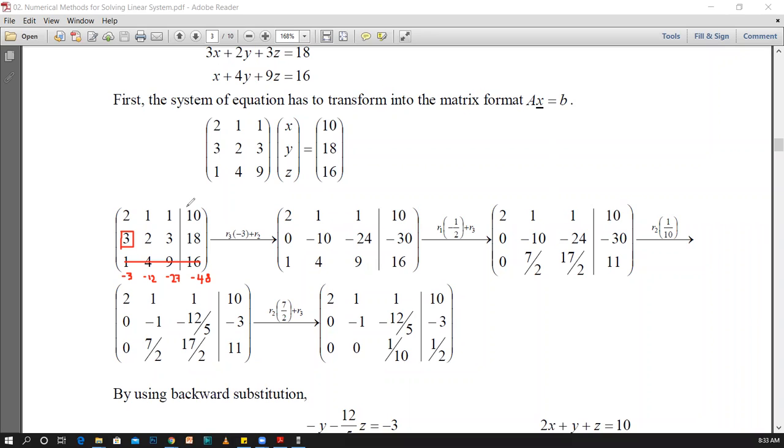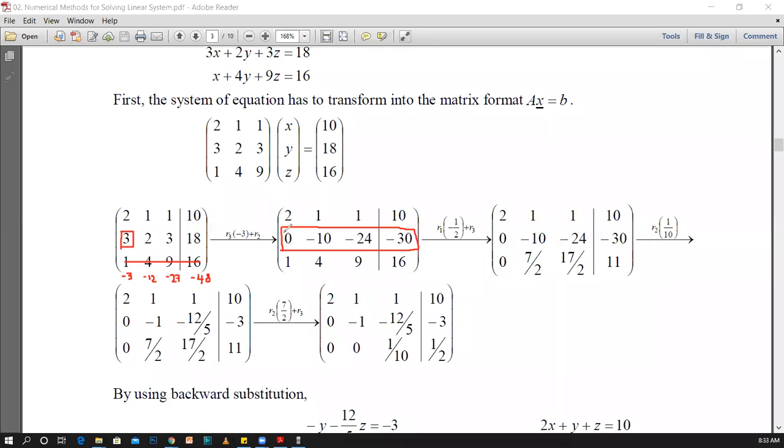I will just consider this second row first. Then I am having the values 3 with minus 3, 0, 2 plus minus 12, minus 10, 3 plus minus 27, it is minus 24, 18 plus minus 48, it could be minus 30.